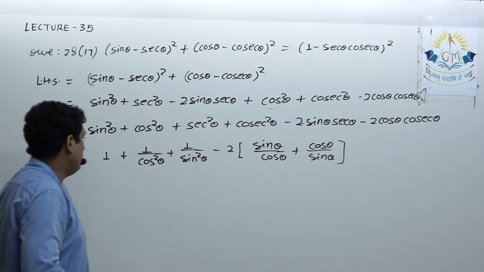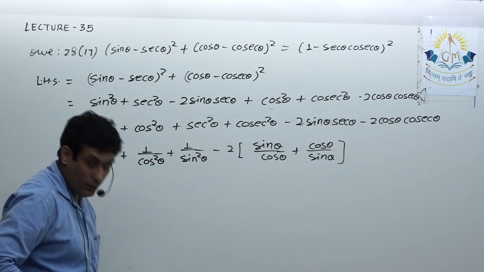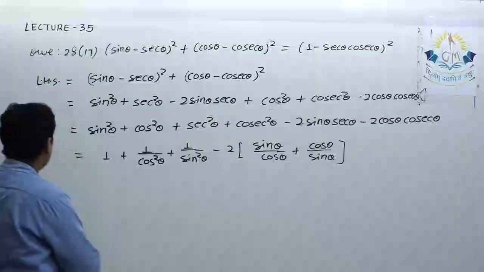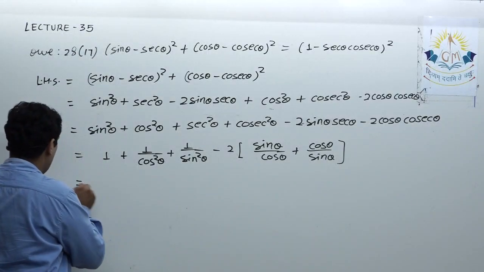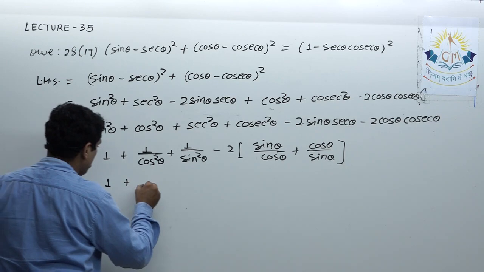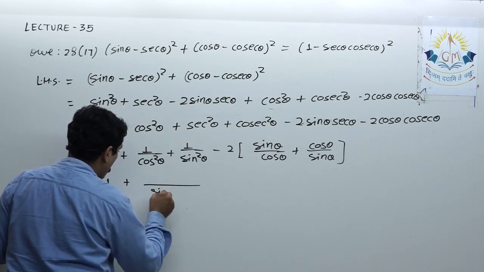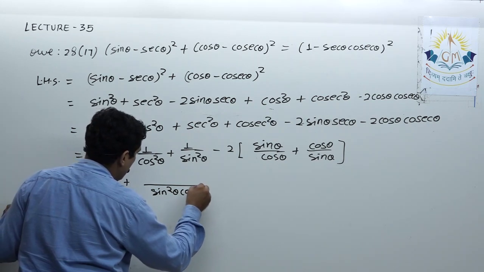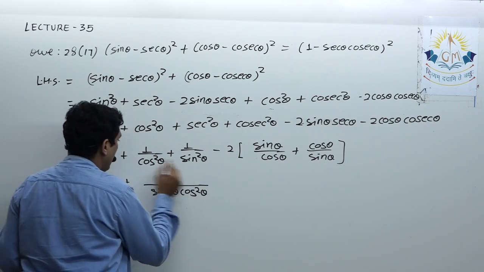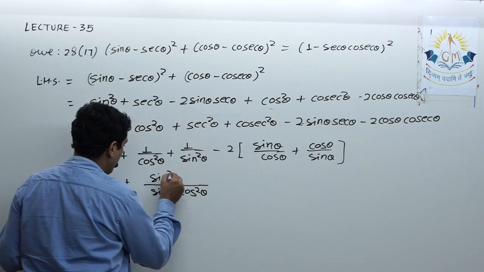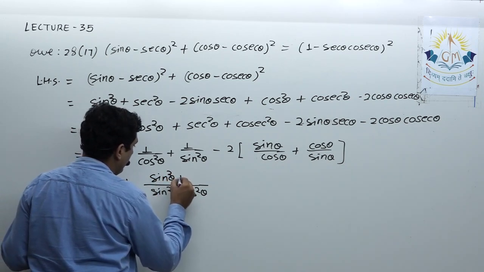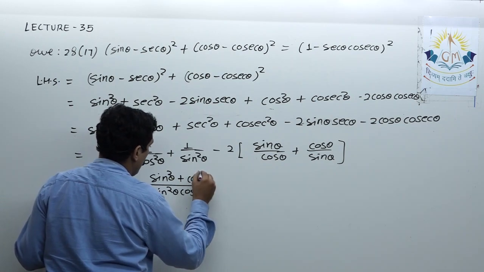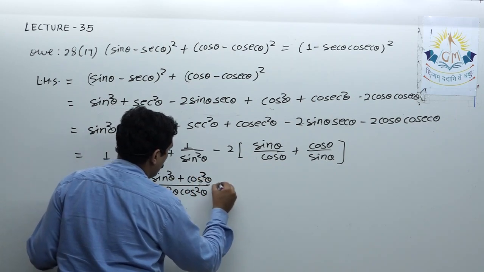Okay, so we'll solve it further just by taking the LCM. If I take LCM over here, that will be sin square theta cos square theta. So when I take LCM, the numerator gives me sin square theta plus cos square theta minus 2.